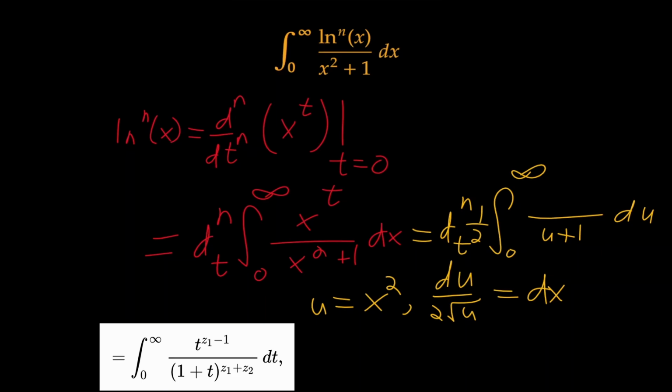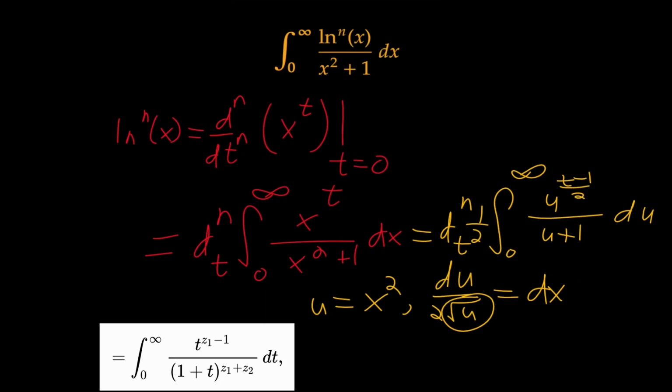But what is this x then? It's going to be u to the t over 2, but then minus a 1/2. So it's really a u to the t minus 1 over 2.